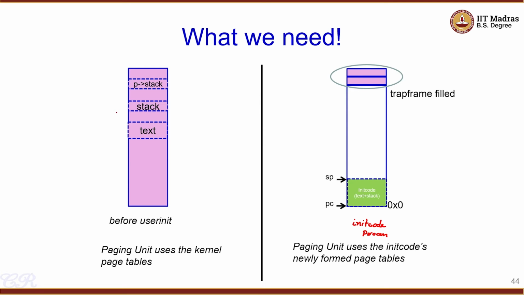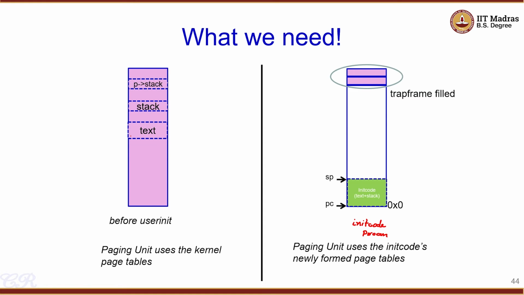In doing so, multiple transformations need to be done. First, we need to shift the virtual address space being operated upon from the kernel's virtual address space into the user's virtual address space.